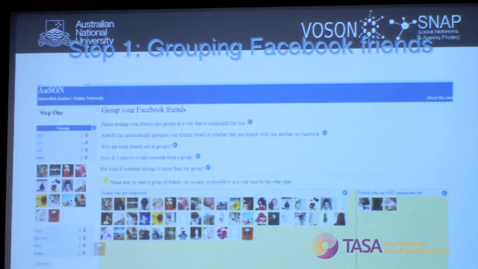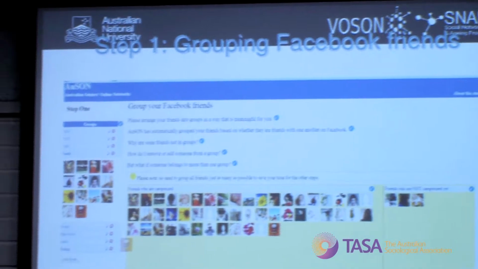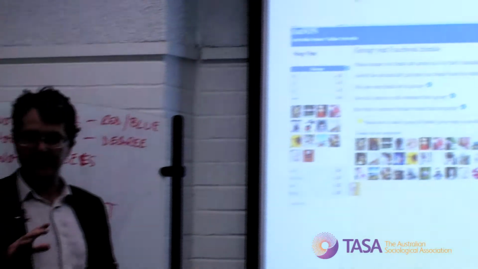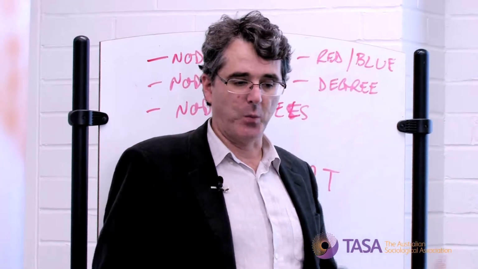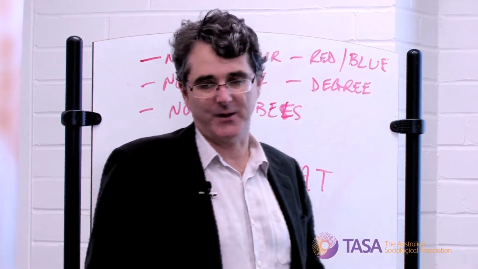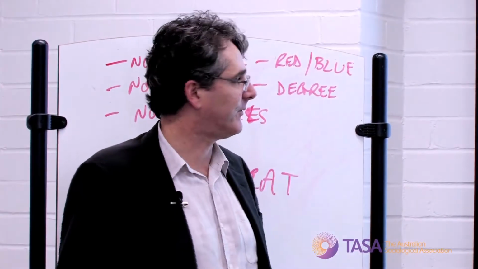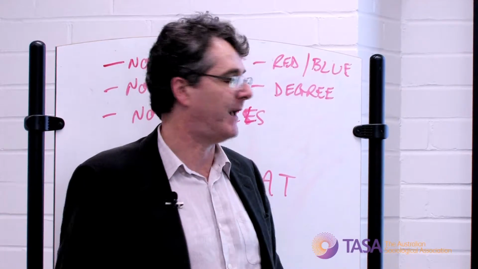In that NodeXL, I showed you the divided day blog network, and it was very clear that there were two clusters there. In NodeXL, it's possible to automatically identify clusters or groups within a network. We're using a similar algorithm here to identify people's groups within their personal network.